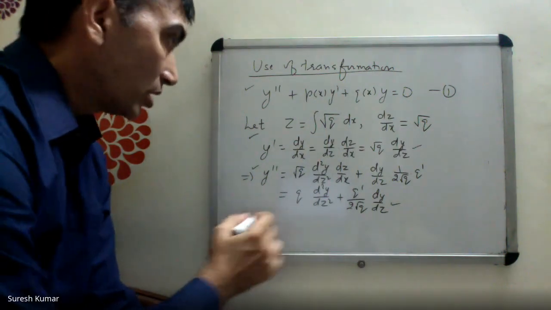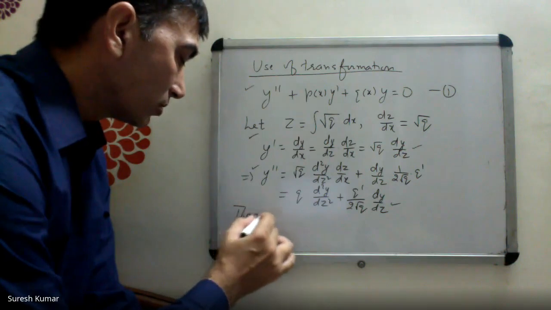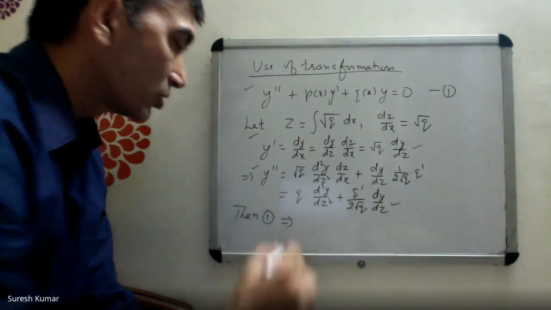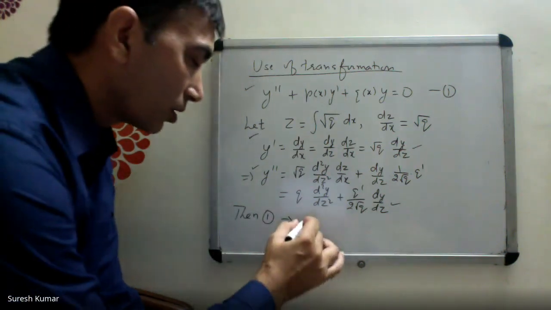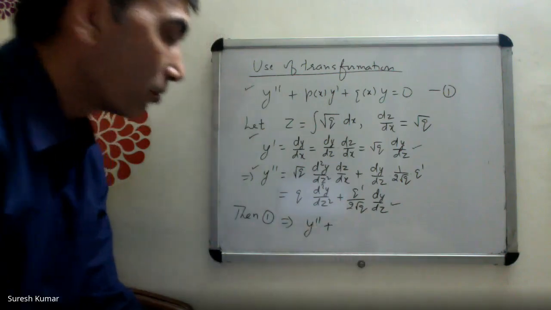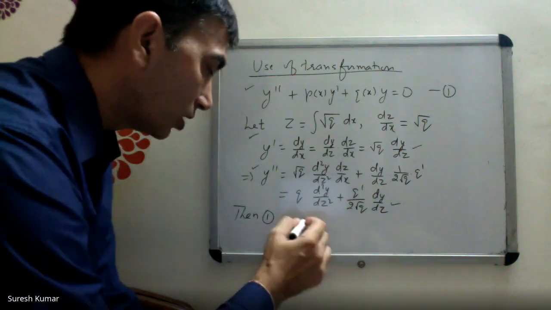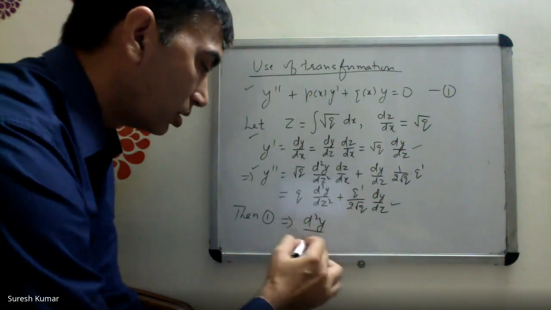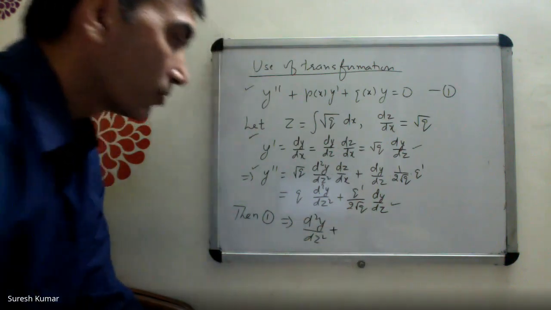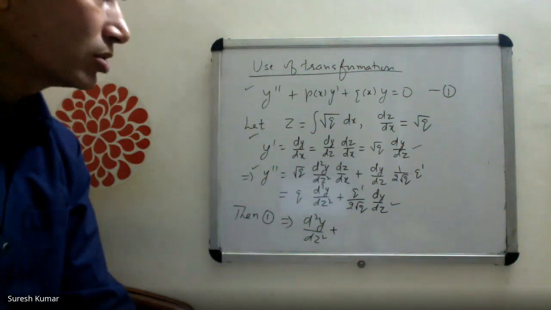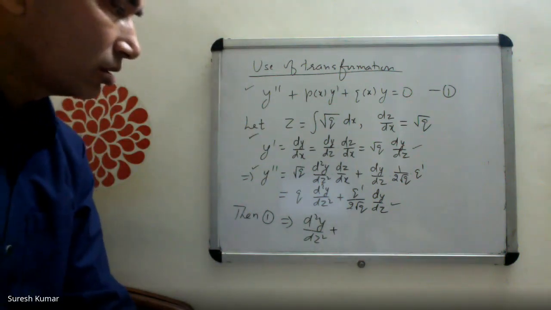So what we get: d2y over dz square plus, what is the coefficient of dy over dz?